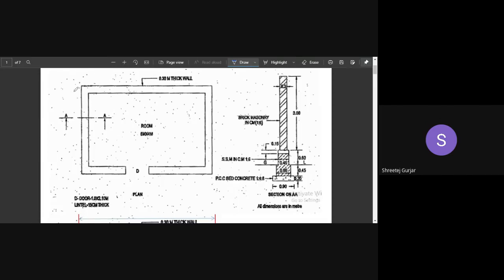If you ask how the load is transferring without columns, the beam transfers the load to the walls. The walls are bearing the loads here. Remember, the slab load comes on the beam, and the beam loads come on the walls.